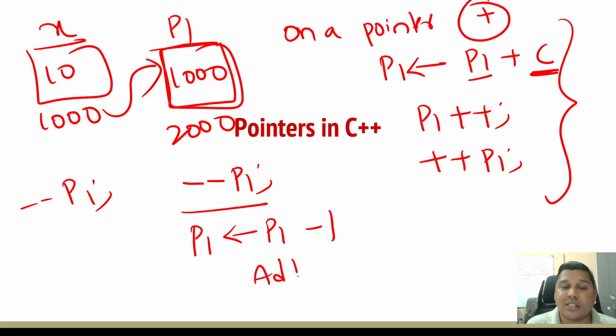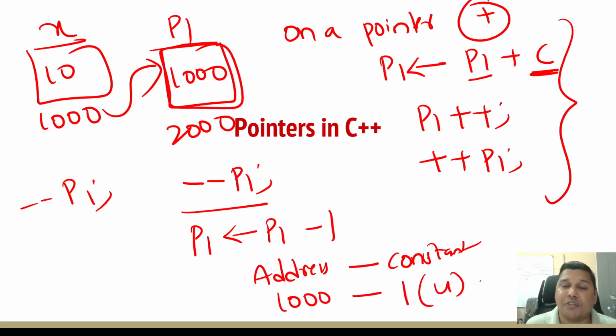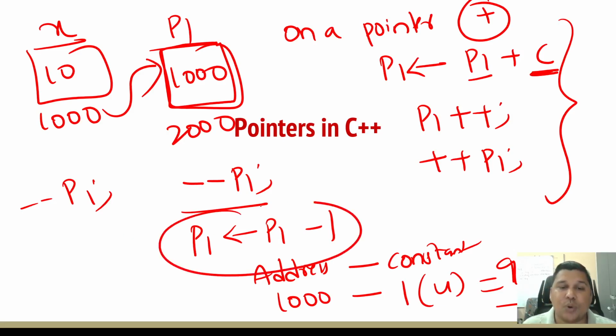So address minus a constant, what will happen here? 1000 minus 1 means it will subtract 4. So this becomes 996. It will go to its previous memory allocation. So we can perform subtraction also. This is allowed, p1 with a constant.